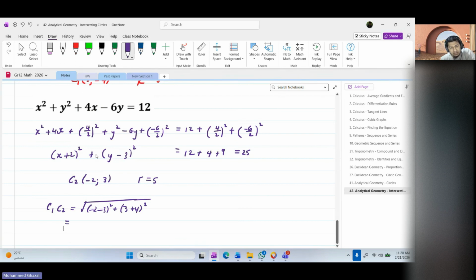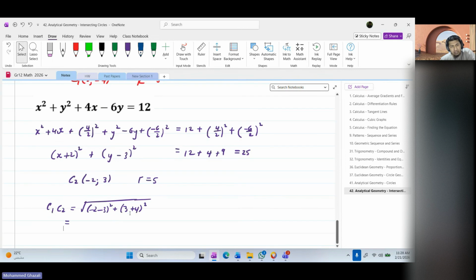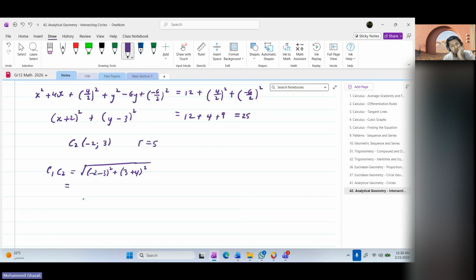I want to double check this. This is minus 2 minus 3 squared plus 3 minus minus 4, yeah. So that's going to give me 25 plus 49. That's going to give me a square root of 74.